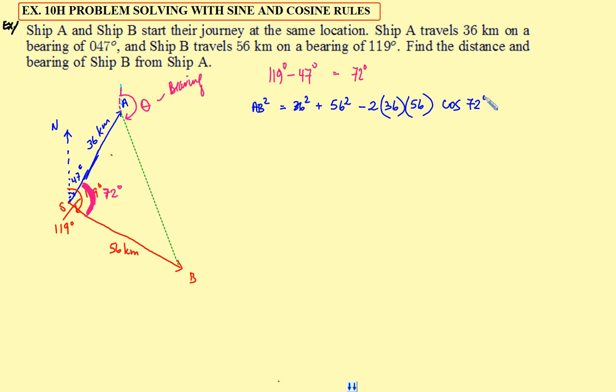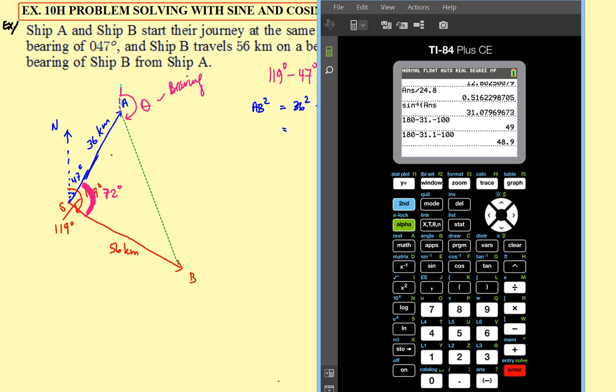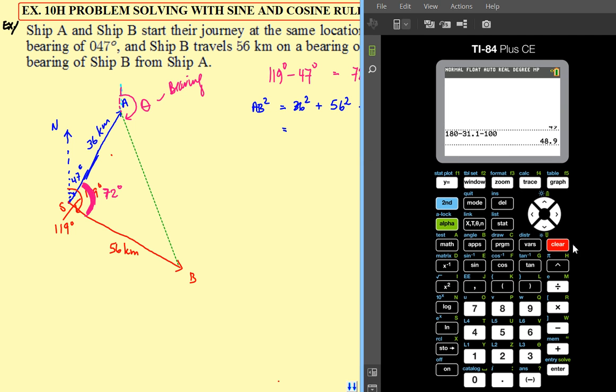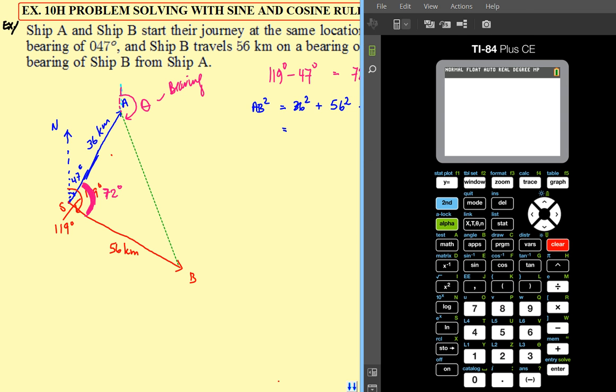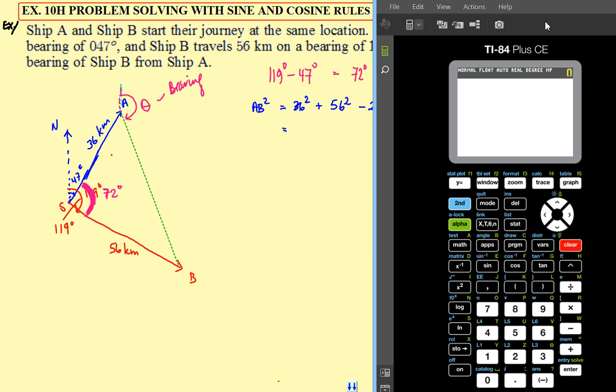which is 72 degrees. Now, in solving that, I am going to do this with you on the calculator so that we can all see what's going on.